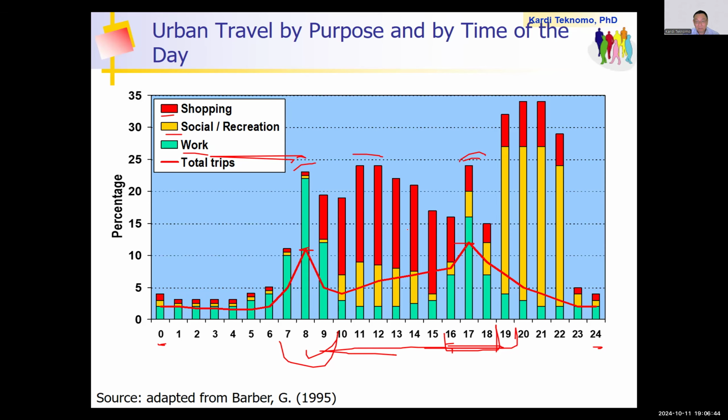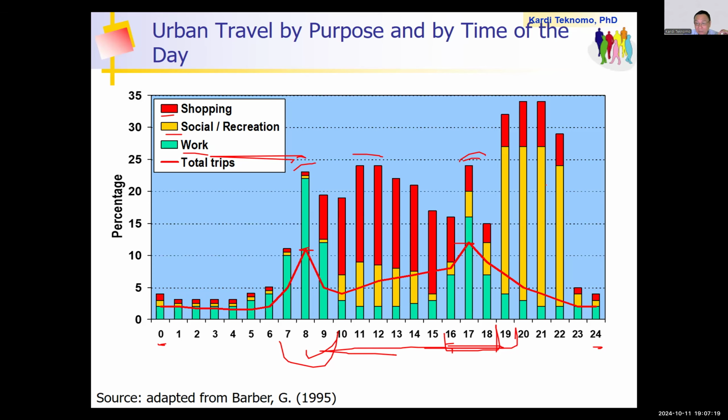Now, one way to solve this and make it more efficient is to stagger. In terms of management, we allow people to go to office or to school at different times, so that they will have a spread in terms of the time to go, so that they will not have peak hour.